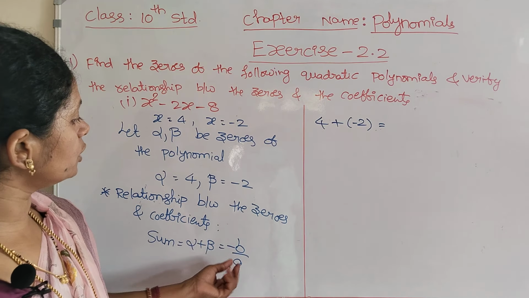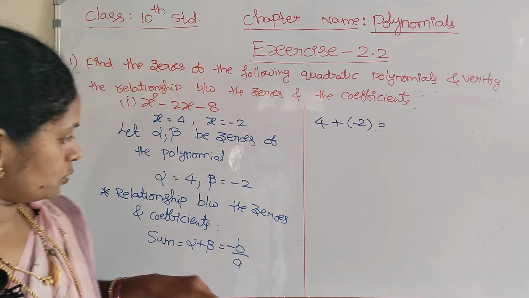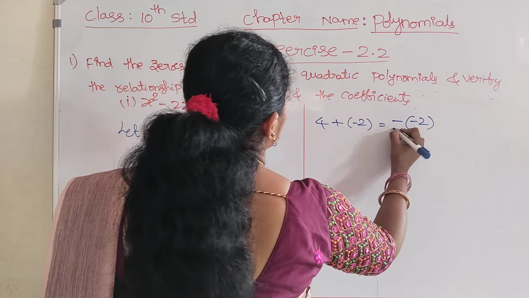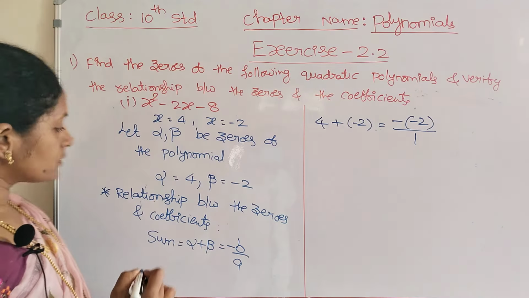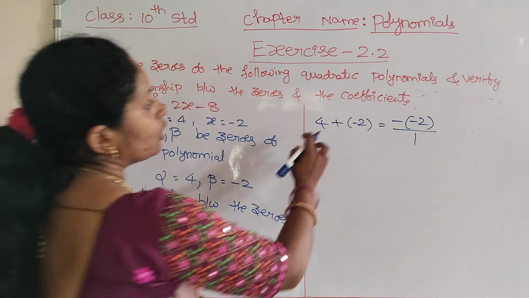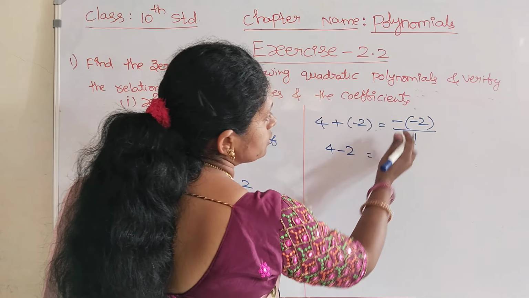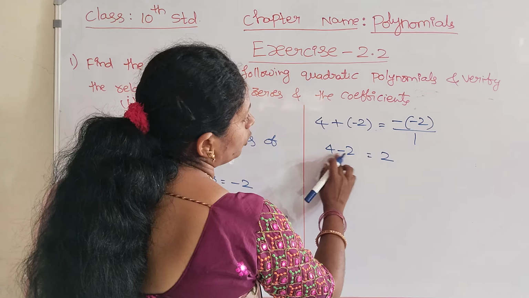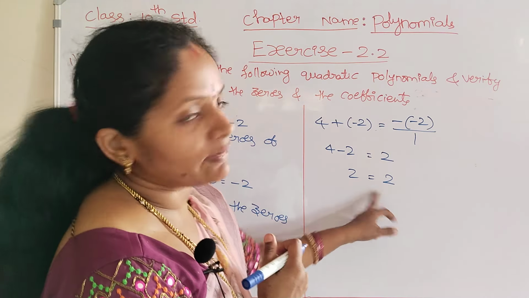The coefficient of x, b, is minus 2, so minus of minus 2 divided by a, which is 1, because the coefficient of x square is 1. 4 minus 2 is 2, and minus into minus becomes plus 2. 2 equals 2. We got the same value.